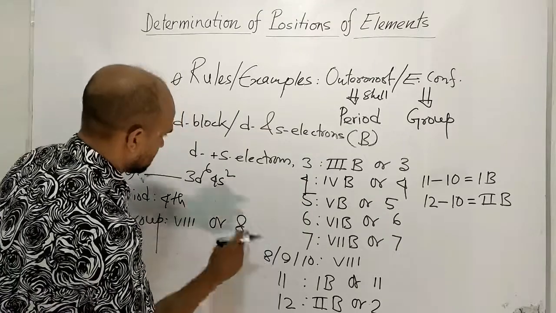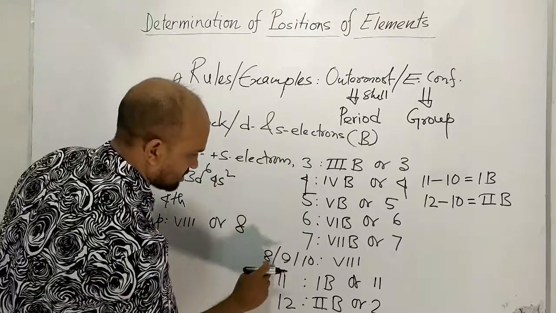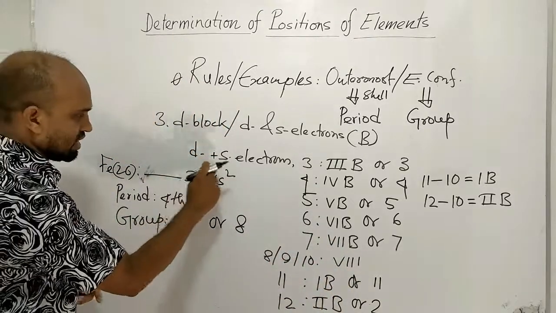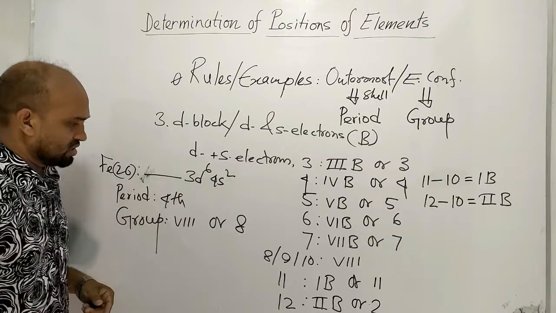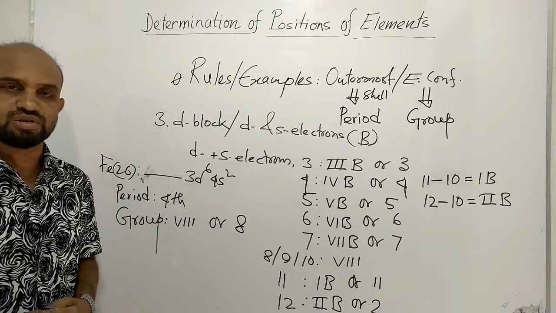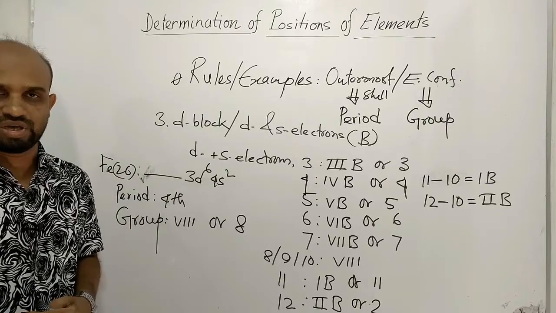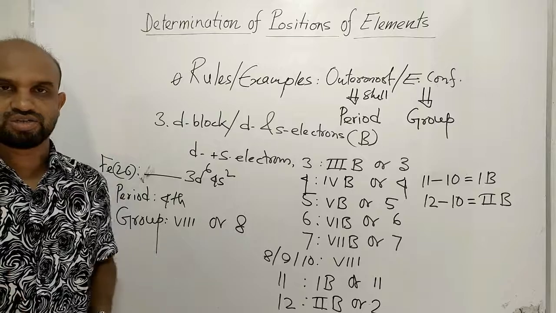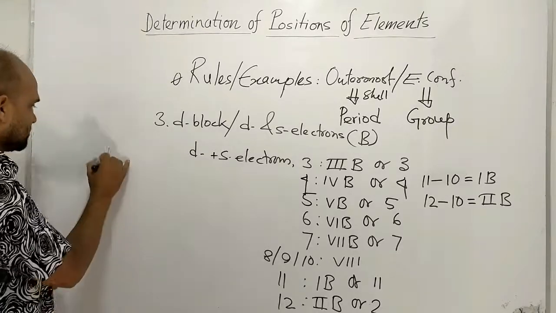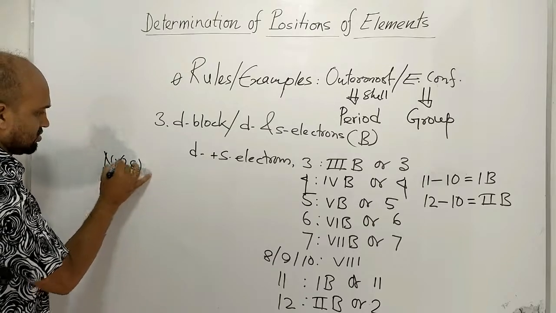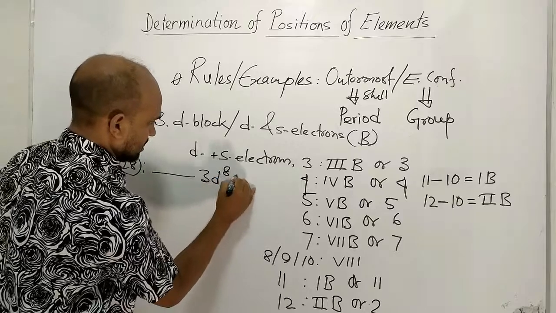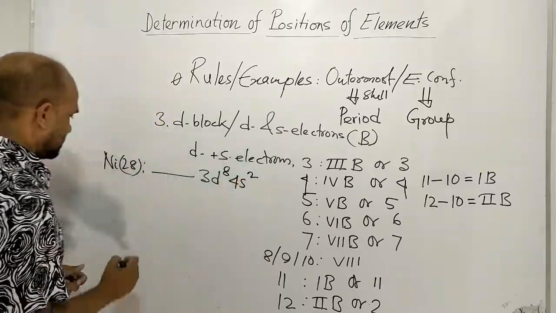And if d and s electrons are 8, 9 or 10, then it will be column 8. So here 8 electrons, so it will be 8. So iron belongs to the fourth period and column 8. Let's see another example. Now let's say nickel 28. Electronic configuration is 3d8, 4s2.